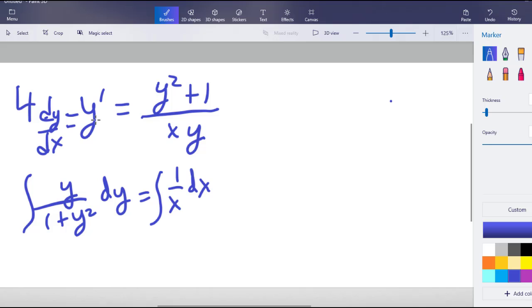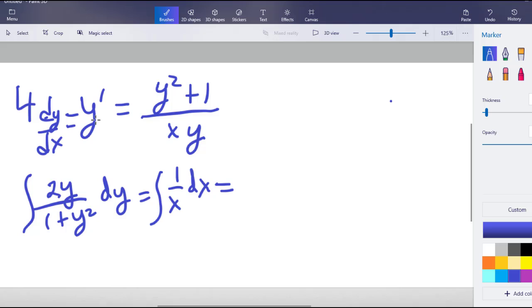We integrate both sides. On the right-hand side, that's easy enough. It's the left-hand side that needs a little bit of work. The derivative of the denominator with respect to y is 2y. To put the integral in the form f prime over f, I need a coefficient of 2 in this location here.